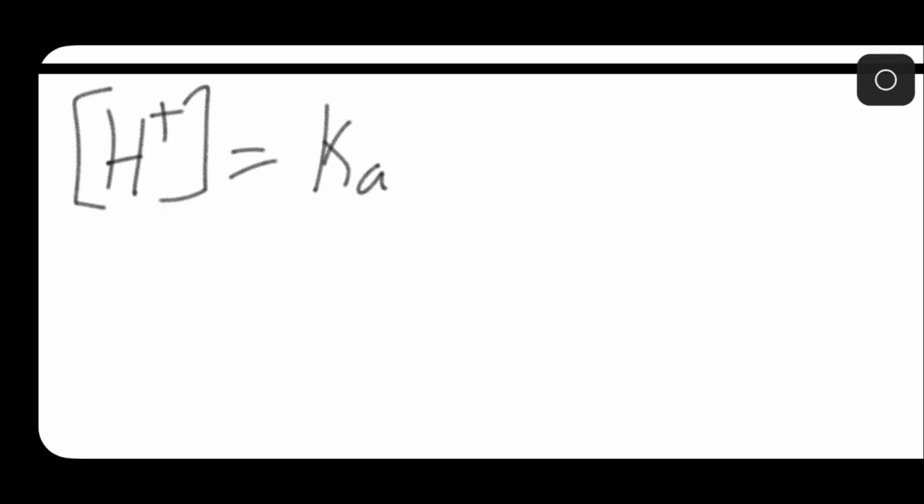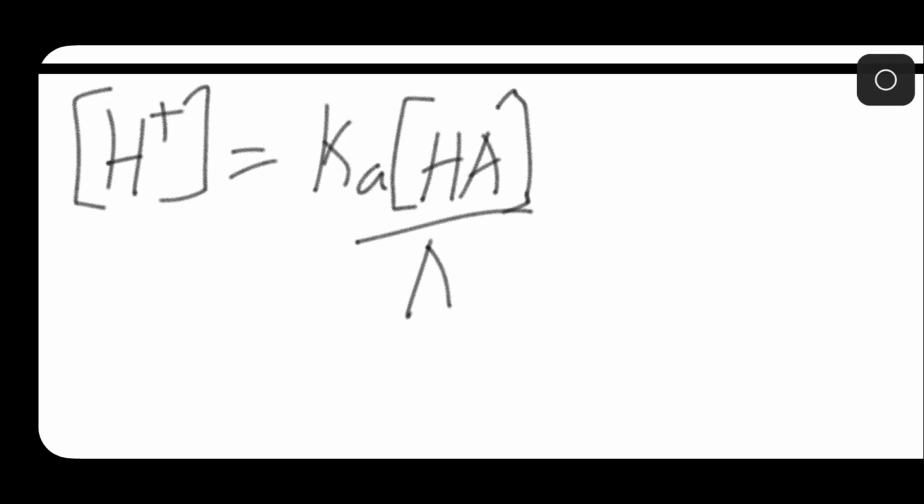So for the next step, we're going to solve for our hydrogen. Making hydrogen the subject of the formula, that's our proton, we have H plus is equal to Ka times HA over the conjugate base. Okay.